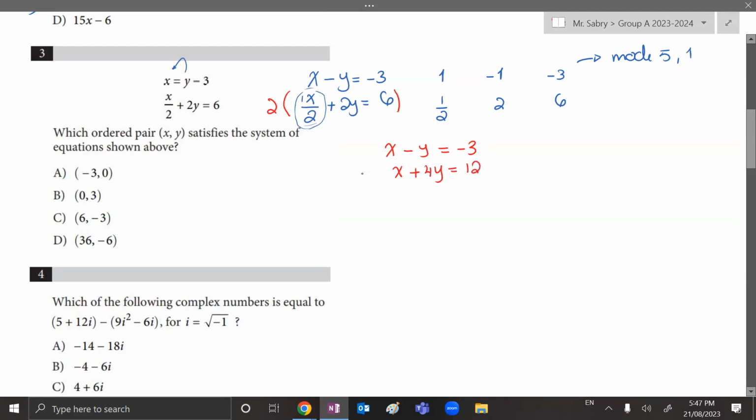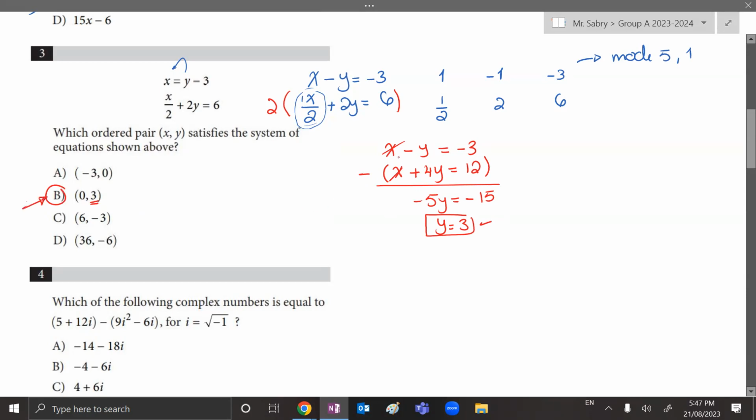So I can start now subtracting to eliminate the x with the x. Negative y minus 4y is negative 5y. Negative 3 minus 12 is negative 15, which will give me y equals positive 3. So there's no need to get the x, because there's only one point that has the y coordinate of 3. So it's definitely B.